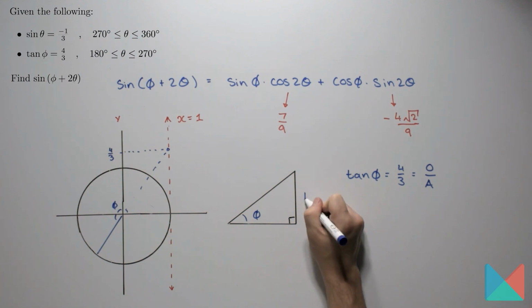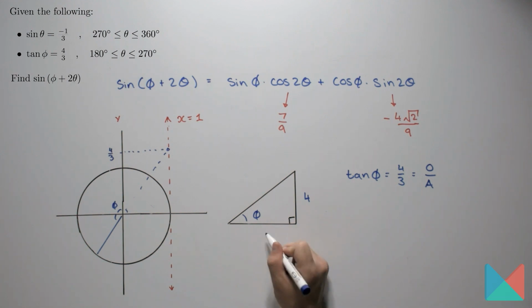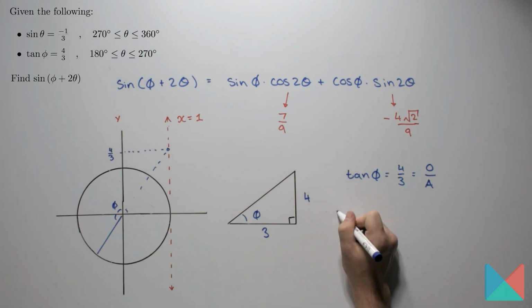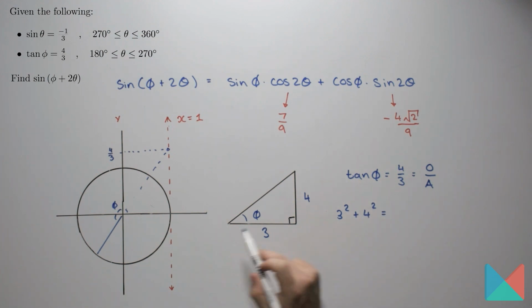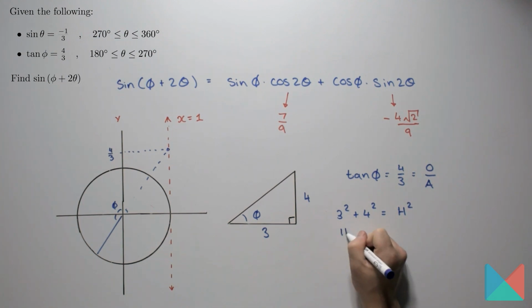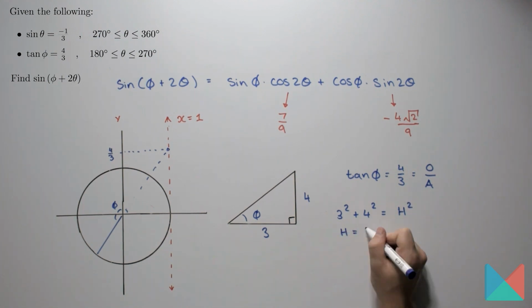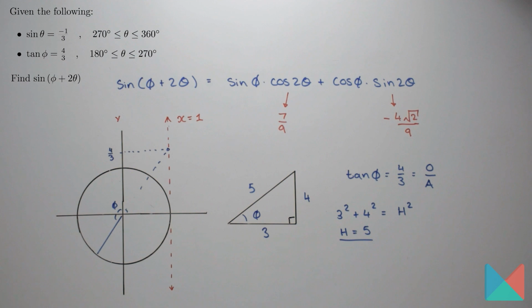So we can mark that in. And our adjacent side will be the bottom of our fraction, 3. And now you can see that we have enough information to find the hypotenuse. So let's use the Pythagorean Theorem. And we get 3 squared plus 4 squared is equal to our hypotenuse squared. And if we solve, we should get h, our hypotenuse, is equal to 5. So let's write that in.